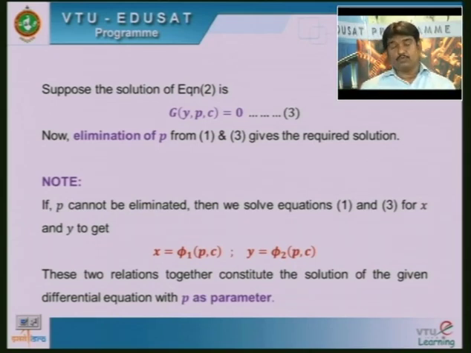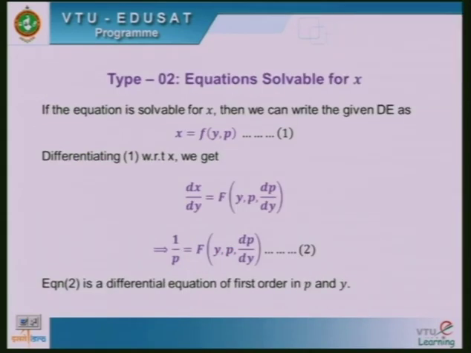So what is the working procedure to solve equations which are solvable for x? The procedure is: first convert that equation in terms of x equals to f of y, p. Step number 2, differentiate that with respect to y, and then write dx by dy as 1 by p. Now you have one differential equation of first order and first degree in terms of p and y.